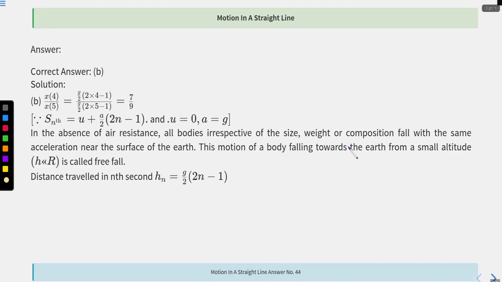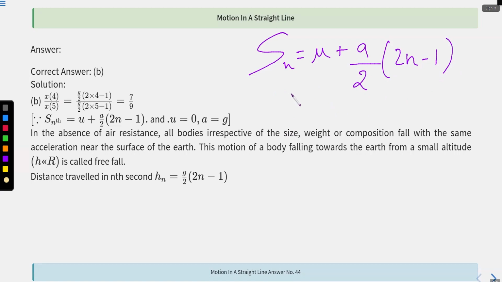The fourth equation of motion basically tells Sn is equal to u plus a by 2 into (2n minus 1). This equation is to be applied. So S4 divided by S5 you have to calculate. Through this you'll get 7 by 9, and the value of a is g, so g by 2 into (2n minus 1). Okay, you can go through this explanation. Fine.